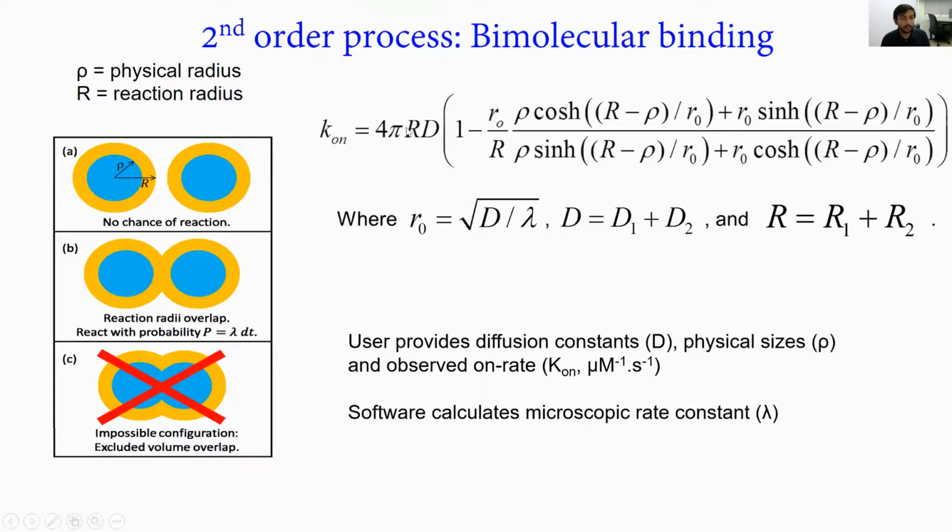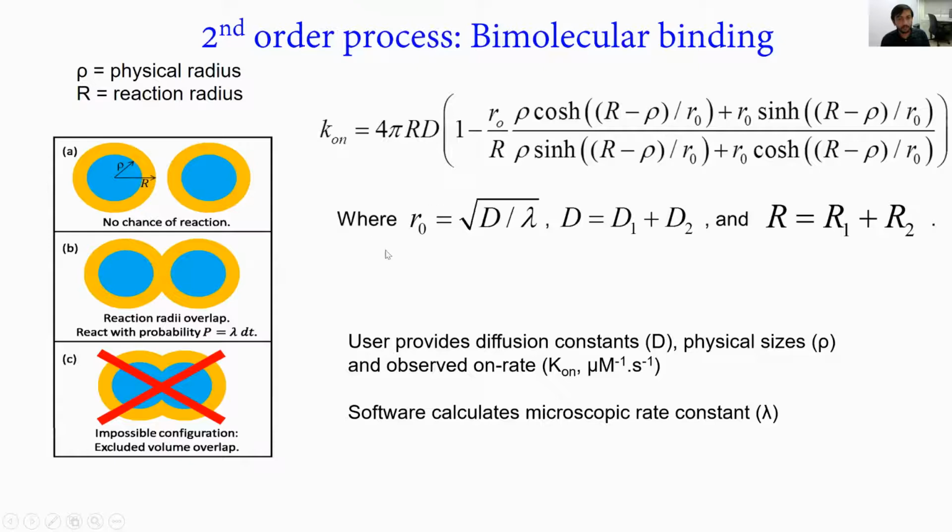R will be calculated by the software, but R is a direct function of this rho. So the only unknown parameter in this equation is this R0, okay? You have a bunch of known parameters, you have one unknown parameter, and you solve this equation and you get the R0. And this R0 is related to this lambda, which is the microscopic rate constant.